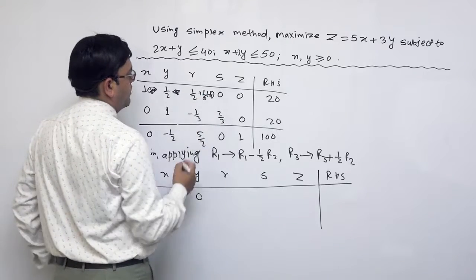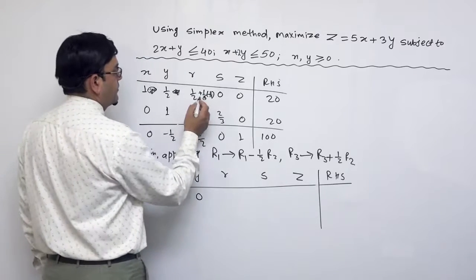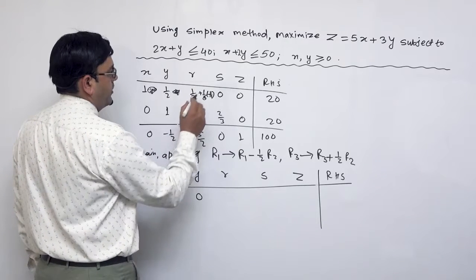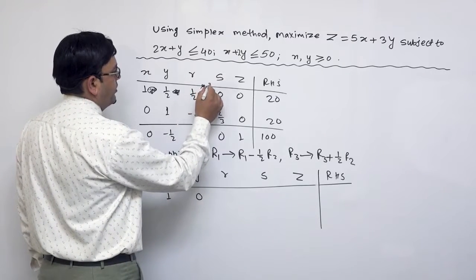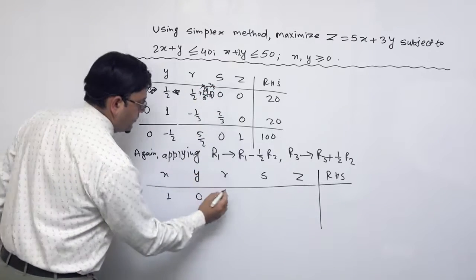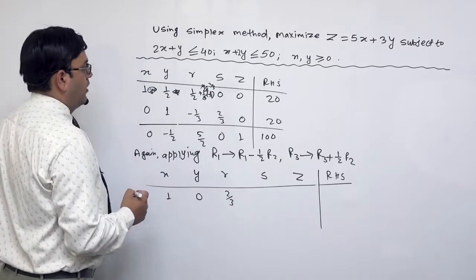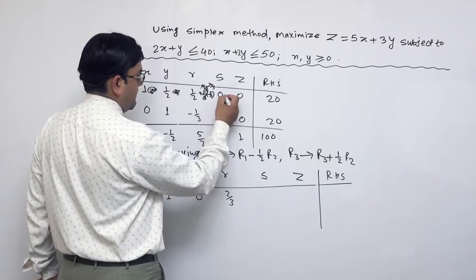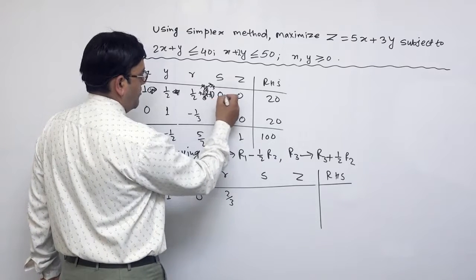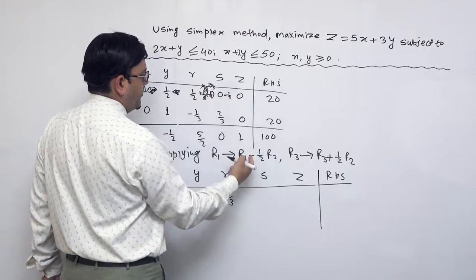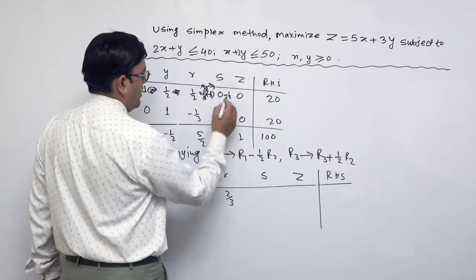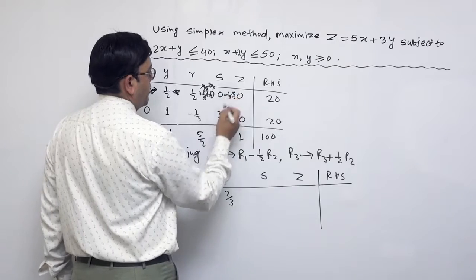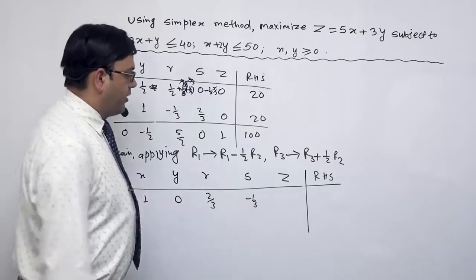So 1/2 plus 1/6 is 3 plus 1 over 6, which is 4/6, that is 2/3. Next, 0 minus 1/2 times 2/3. The 2s cancel, so 0 minus 1/3 is minus 1/3.